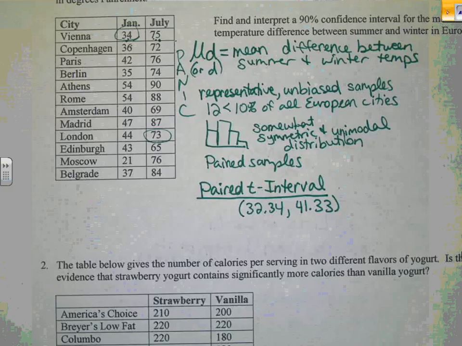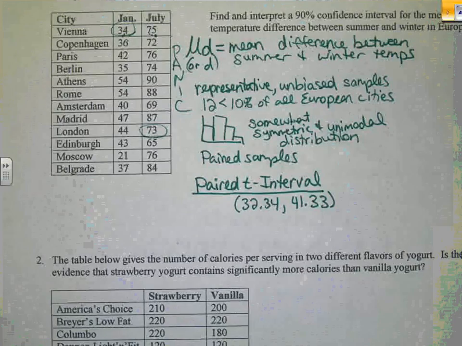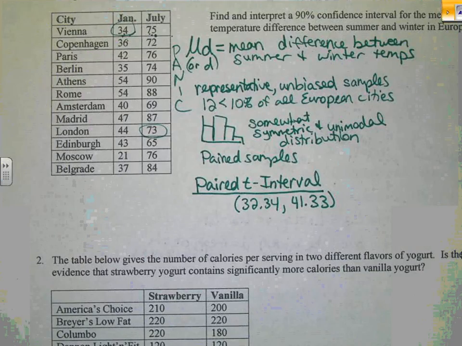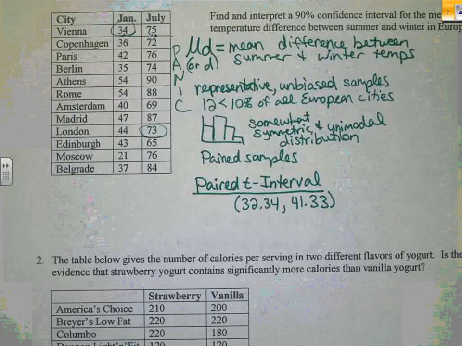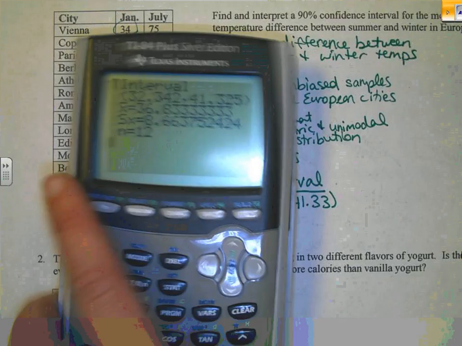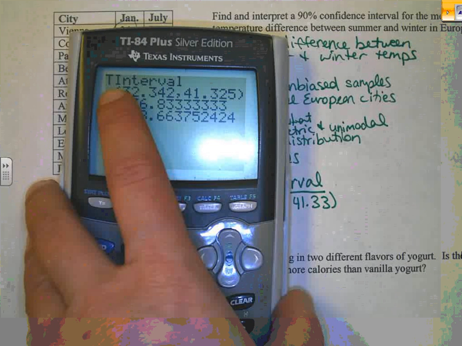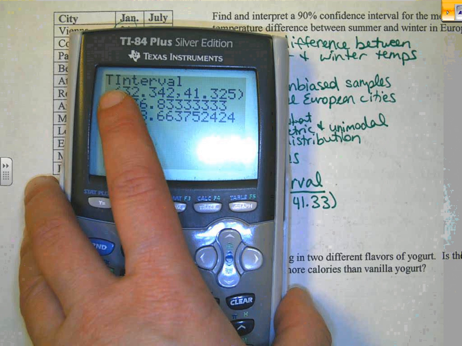The only thing we have left to do is write our conclusion. Yes. Mine was off by like 1. Like one whole number? Mine was 31.9 and 41.2. Is that okay? Just make sure you use a T interval and not Z interval, because that uses a different model. I did too.